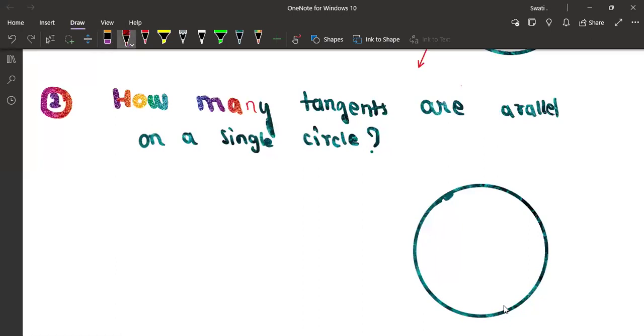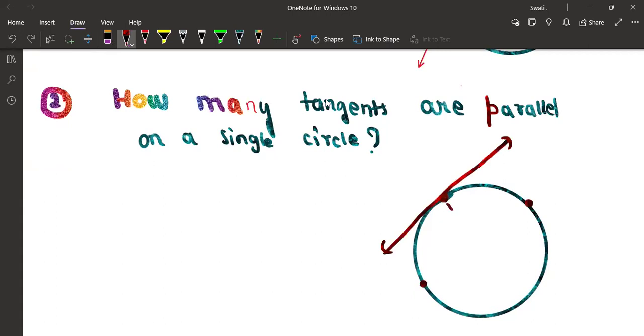So how many tangents are parallel on a single circle? Suppose you have taken one point here. Through this point, how many tangents can you draw? Only one. So this is your one tangent. Now, except this, if you take any point here, do you think that if you draw a tangent, that will be parallel? Of course not. If you keep a point here, will that be parallel?